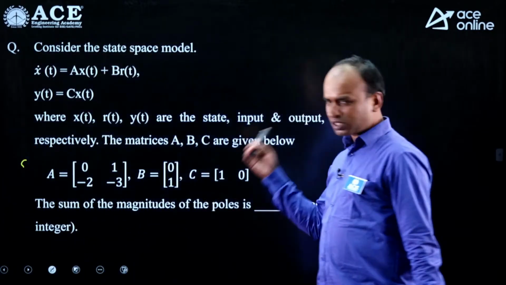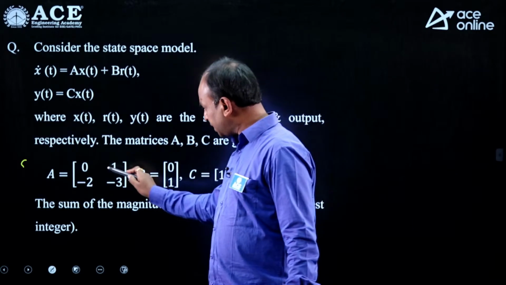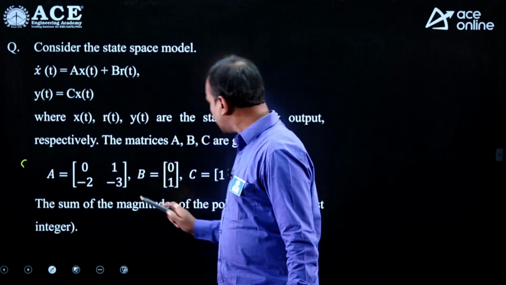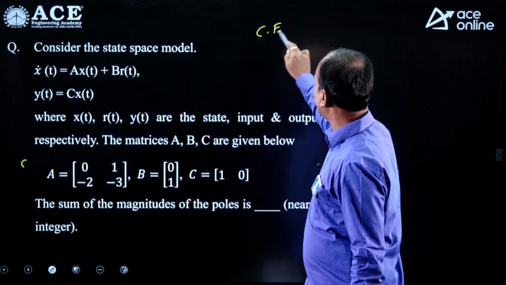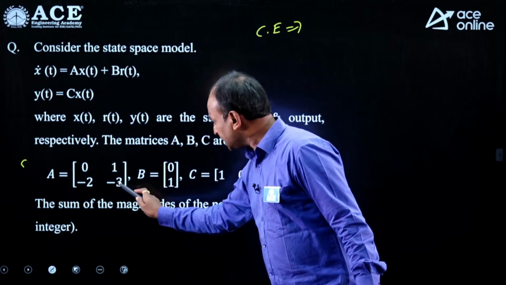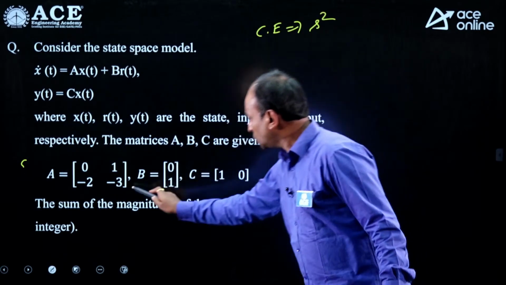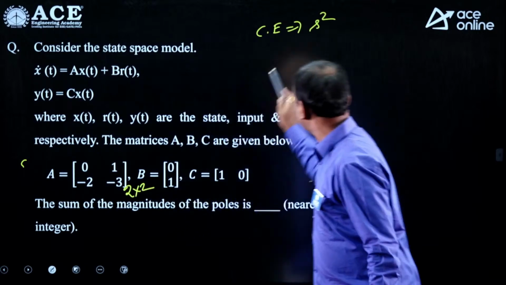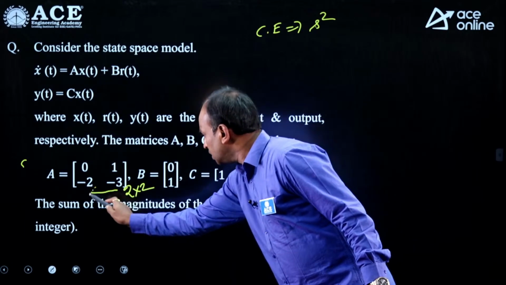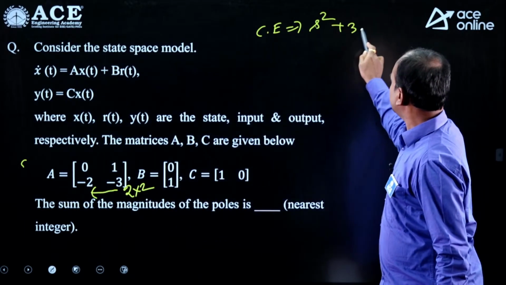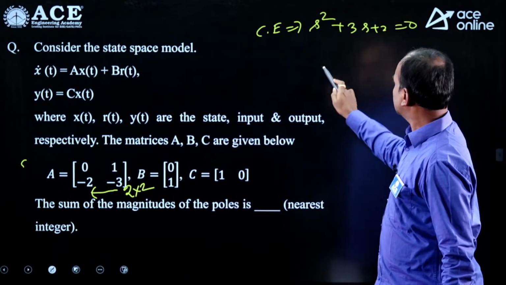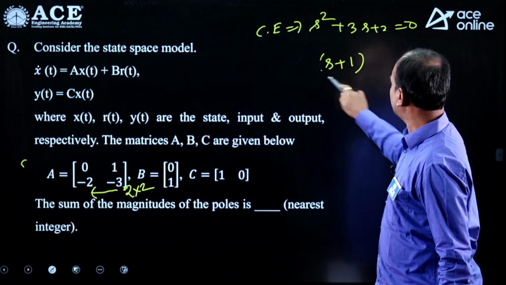Okay, a very simple question. It is in CCF format, controllable canonical form. From this we can directly write the characteristic equation: s square, highest power, since it is a 2 cross 2 matrix, then plus 3s plus 2 is the characteristic equation. We can write this as s plus 1 times s plus 2.